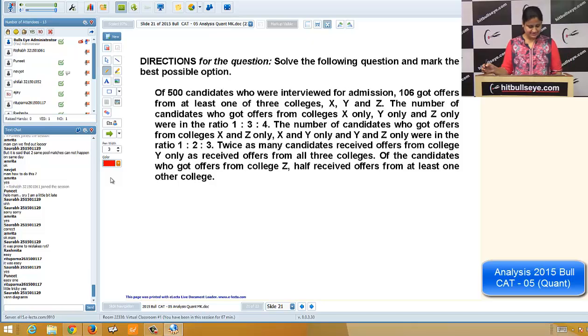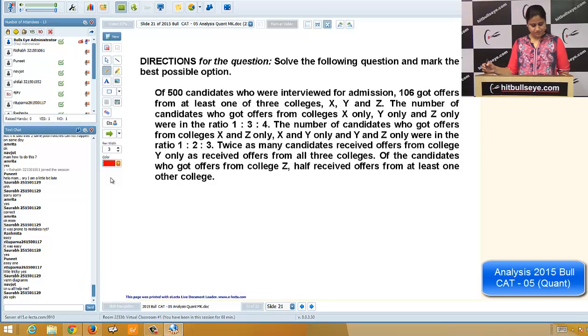Okay, yes, let us use the Venn diagram. Okay, let us start. Of 500 candidates who were interviewed for admission, 106 got offers from at least one of the 3 colleges, X, Y, and Z. There are 3 colleges.